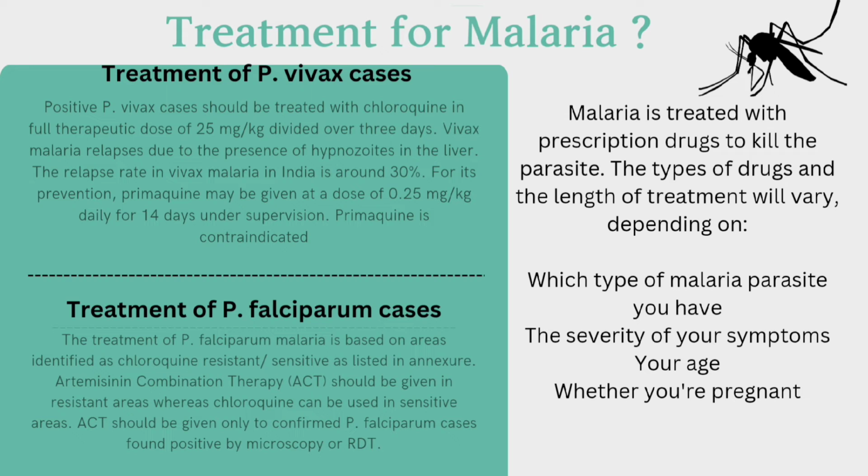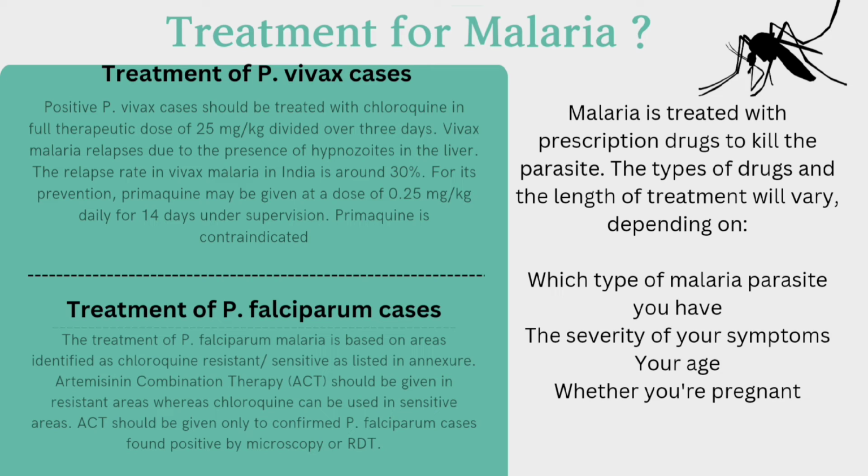For its prevention, Primaquine may be given at a dose of 0.25 mg/kg daily for 14 days under supervision. Primaquine is contraindicated in some cases. Second, treatment of P. falciparum cases.